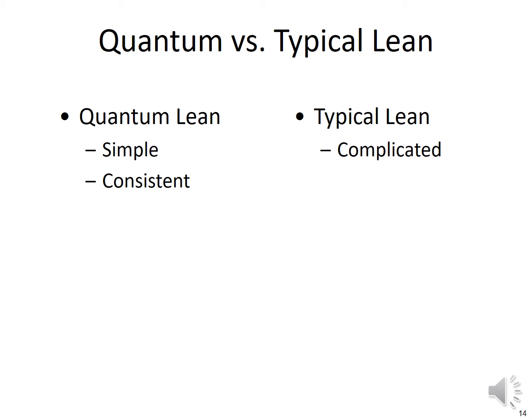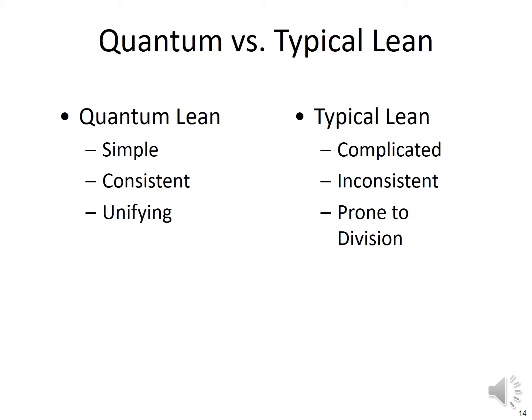By contrast, other systems lack this focus and do nothing to avoid the inherent conflicts between people and departments. Being simple, consistent, and centered on the common sense idea that time is money, Quantum Lean is easy for a workforce to rally around. By comparison, standard approaches lack Quantum Lean's simplicity and consistency and are more prone to division.